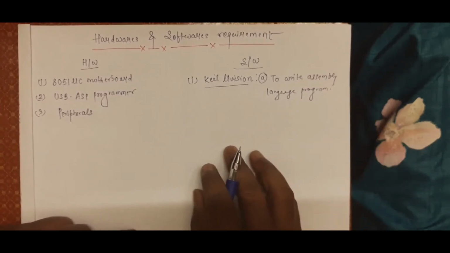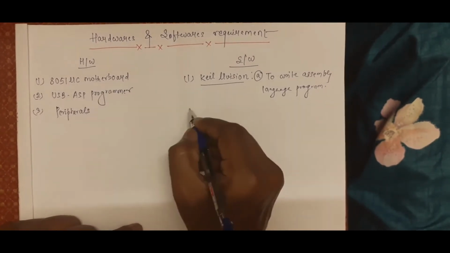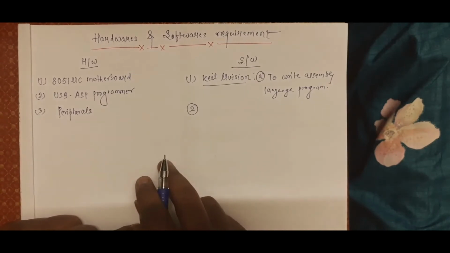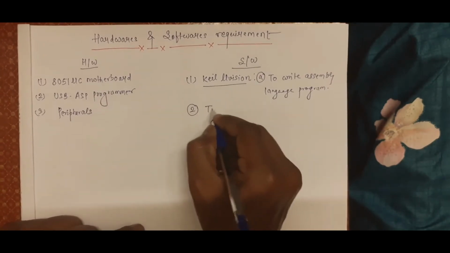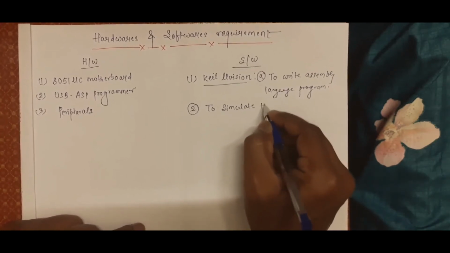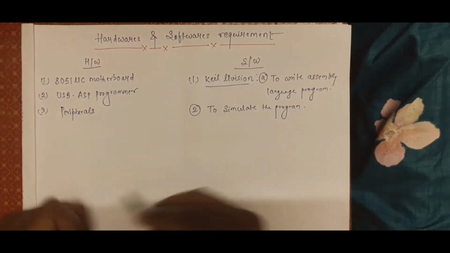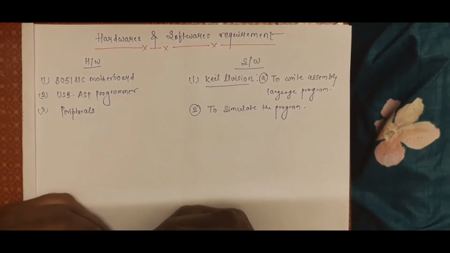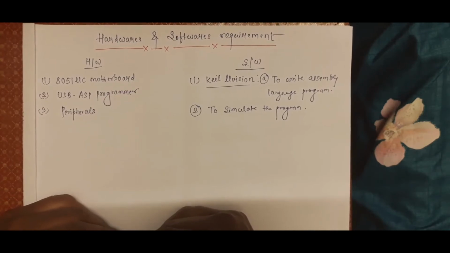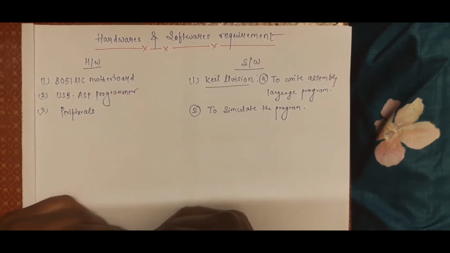By using Keil Microvision software, we can write our program in assembly language. The second thing is to simulate the program. Once you have written your program in Keil Microvision software, now you can check whether the program is working properly or not by using simulation. That also you can do by using Keil Microvision software.